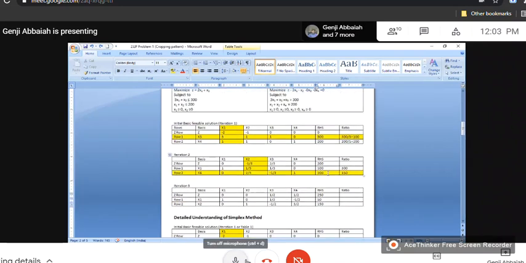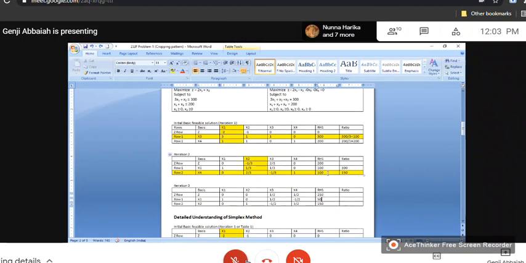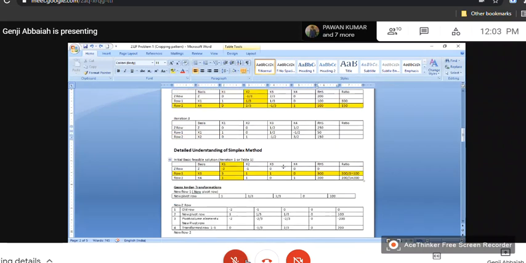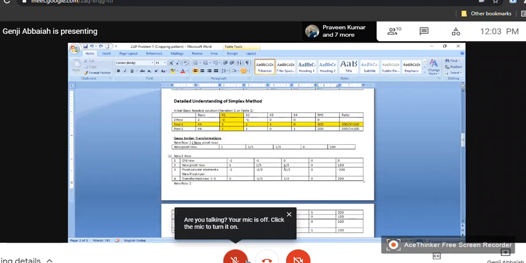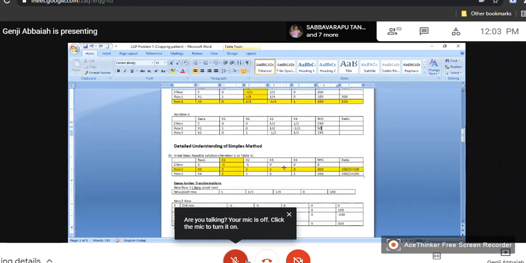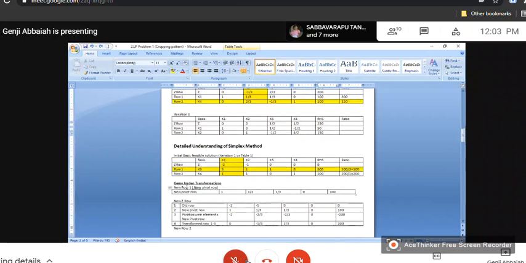Now the procedure to obtain the next table from the previous table is given here, right? So this process is called Gauss-Jordan transformation, right?